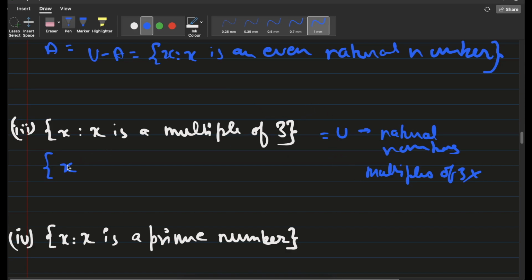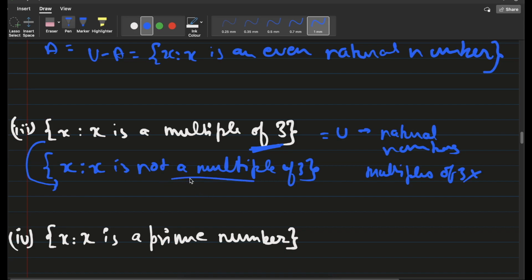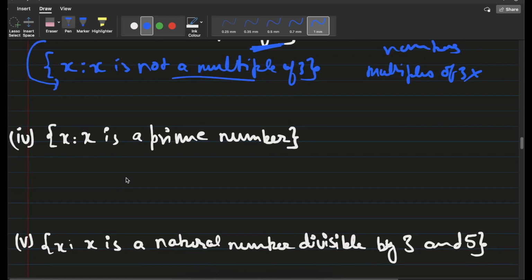So what would be our answer? X such that x is not a multiple of 3. So here we can say that our set consists of x such that x is not a multiple of 3. Rest numbers are okay with us. Okay. So this will be our answer.